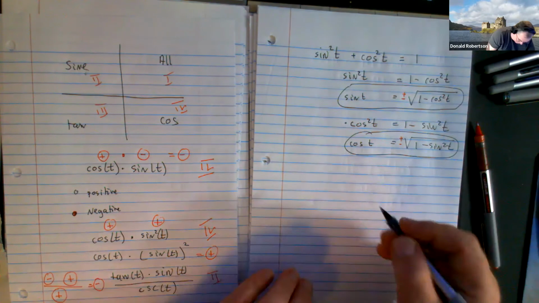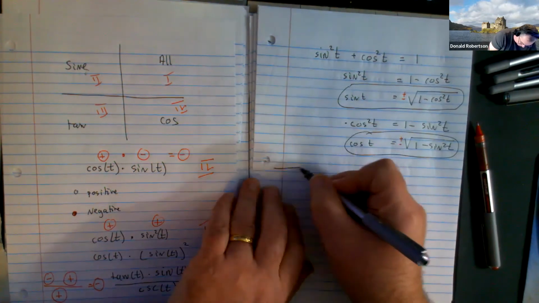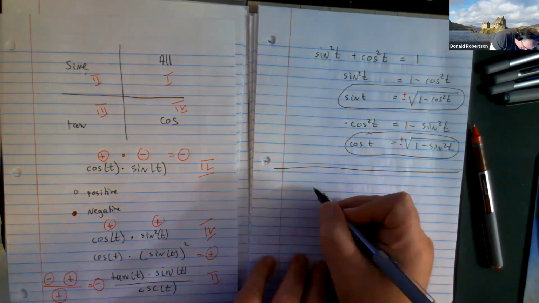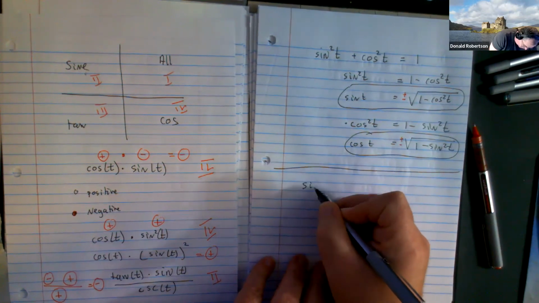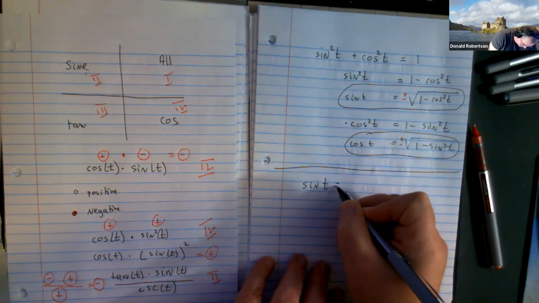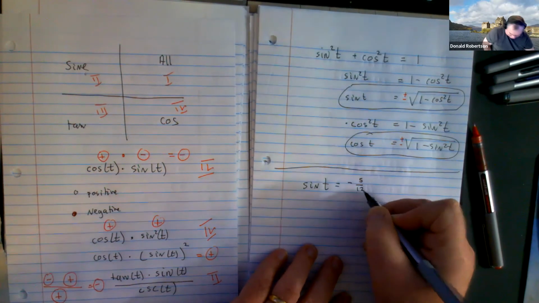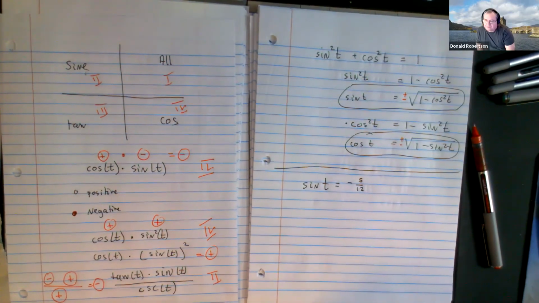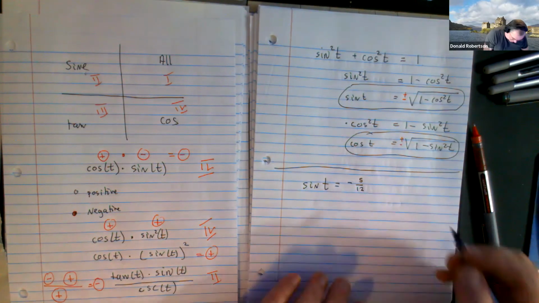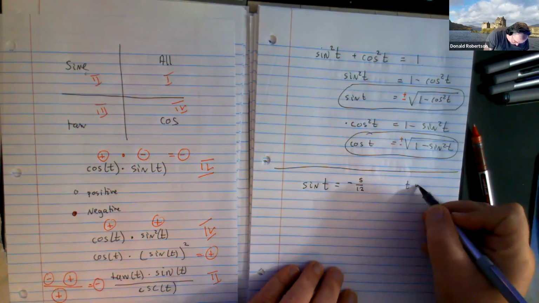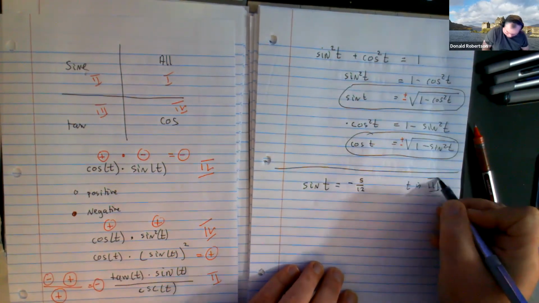Now, how to use these is really more important. So suppose I tell you that the sine of t is negative 5/12. Okay, the sine of t is negative 5/12, and I tell you that t is in the third quadrant.